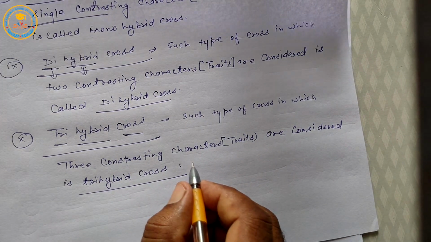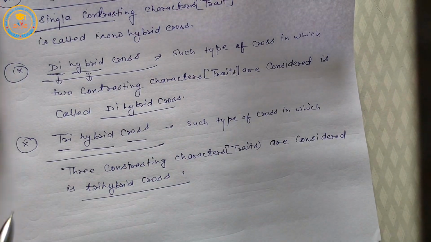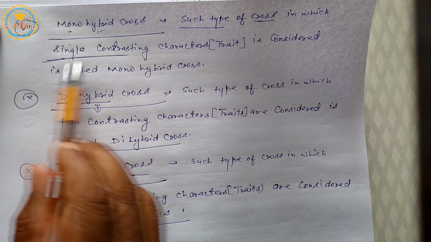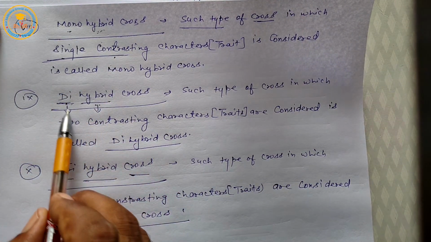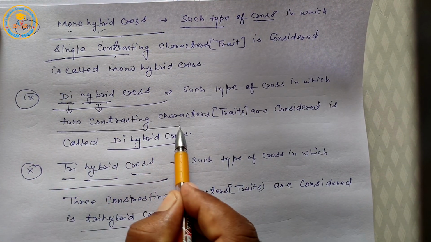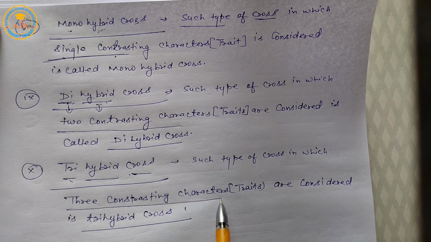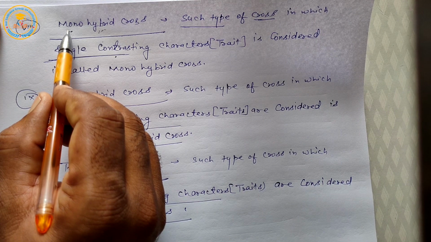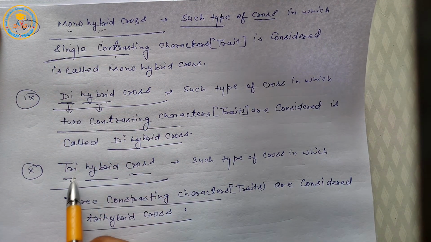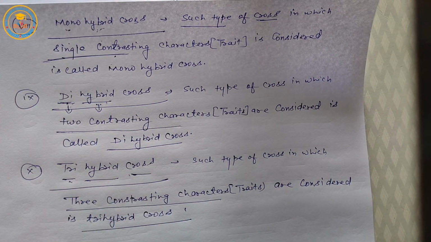Once again, students, in monohybrid, single contrasting character, dihybrid two contrasting characters, trihybrid three contrasting characters. Mono means single, di means two, tri means three.